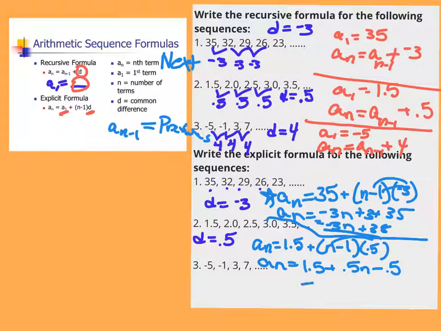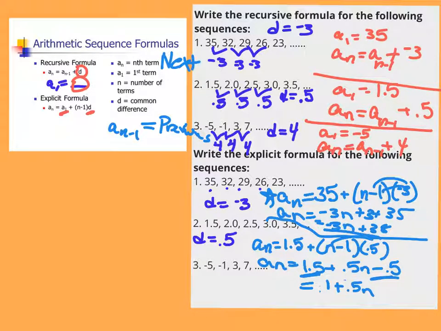And that would simplify, I'm sorry, it would be 1.5 minus the 0.5, right? So we're going to combine these two. It would give us 1 plus 0.5n.